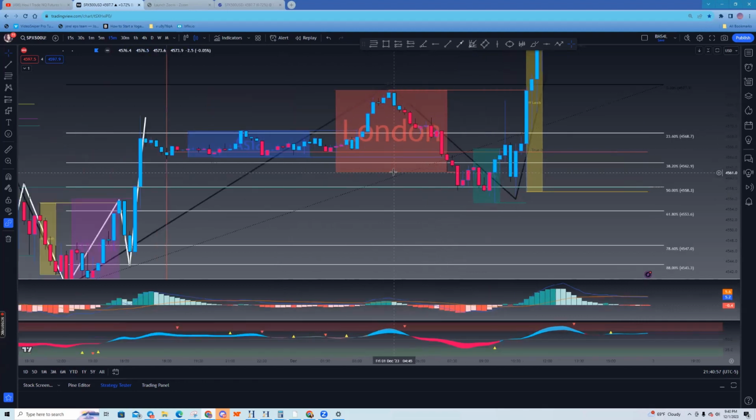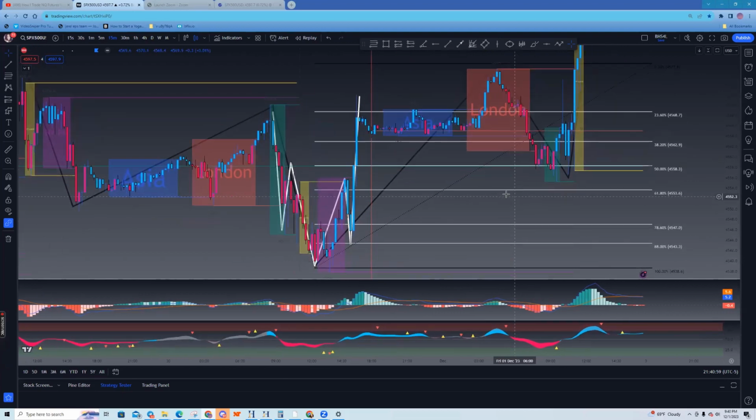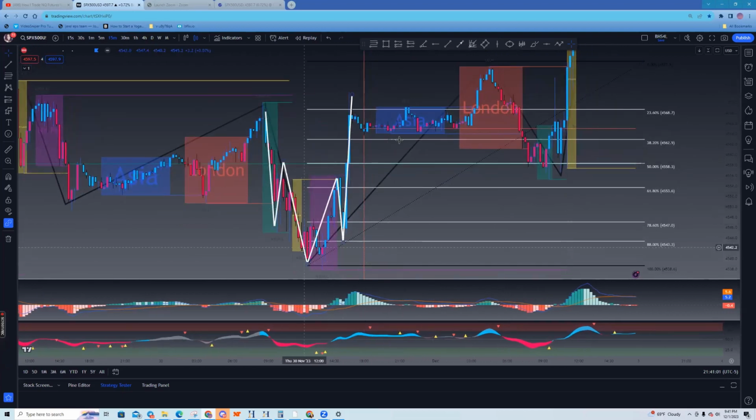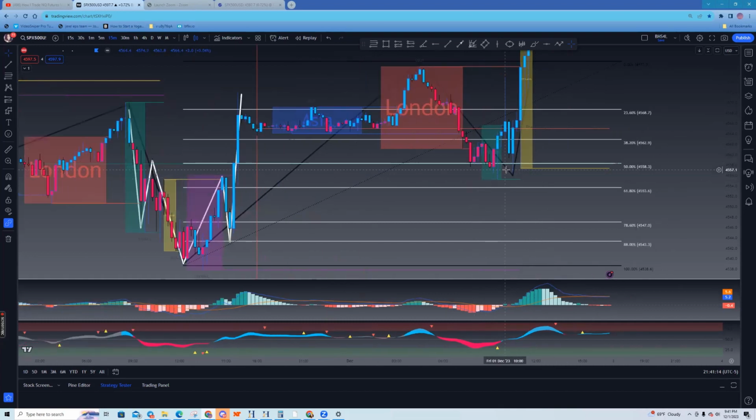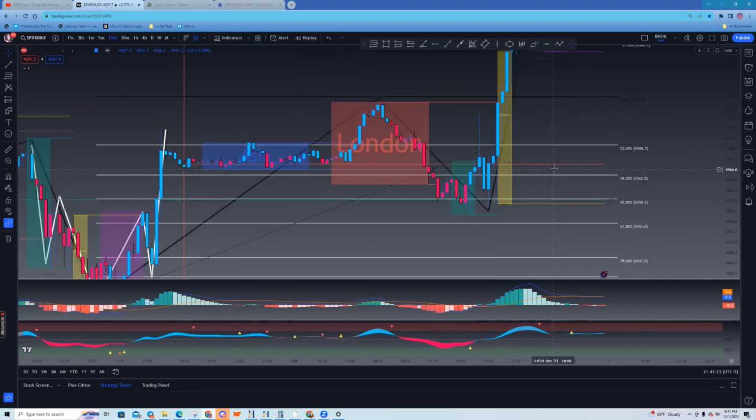It tanked, but in the back of my mind I'm still like, yo, it broke structure. So if it is gonna pull back, and it still continues to hold this level here where I was seeing a lot of wicks, very close to the 618 area, then that will be a nice setup for a buy.